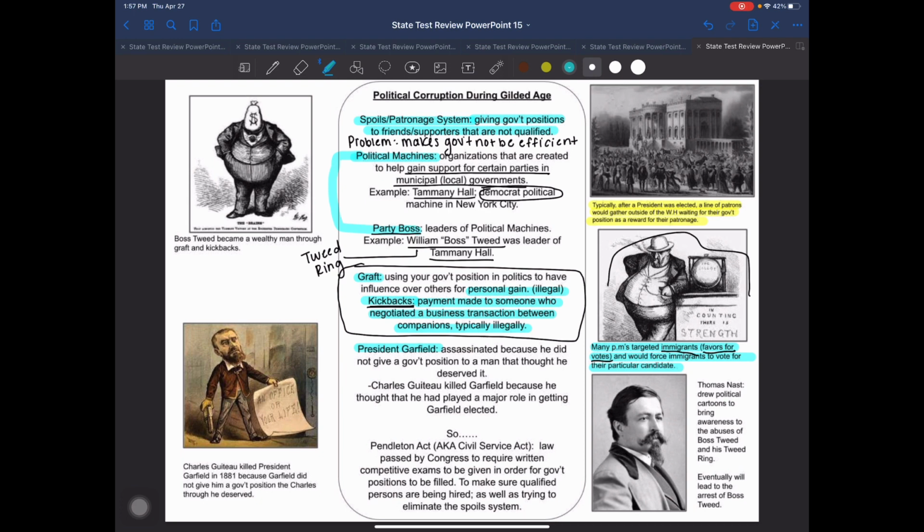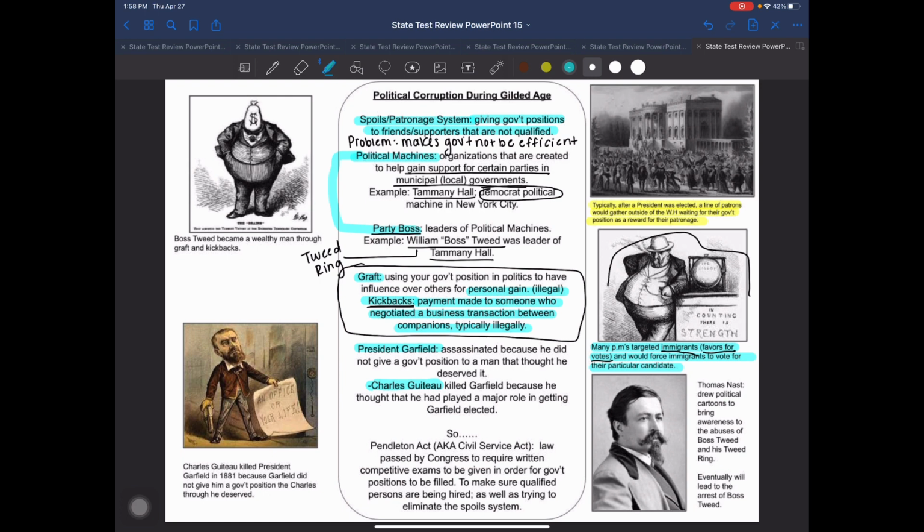Okay? Now, President Garfield, he did not agree with the patronage system. And this man right here that I'm highlighting, okay, Charles, I guess his last name is Guiteau. Charles Guiteau is one of those people who's lined up after Garfield is elected. He is waiting on his government position to be given to him because of his support of Garfield.